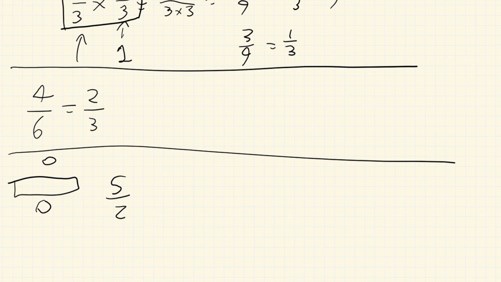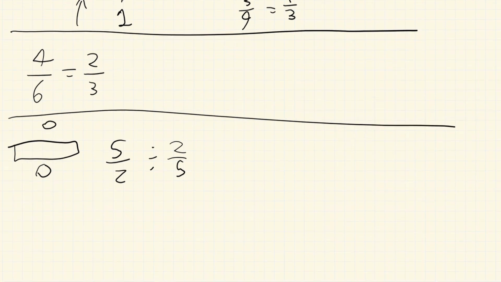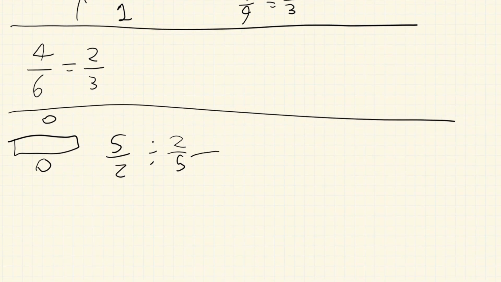So to divide by a fraction, so let's do 5 divided by 2 divided by the opposite, 2 divided by 5. Well, what you actually do is you flip the second fraction that you're dividing by so that the bottom number, the denominator, is on top and the top number is on the bottom, and then you change that divide to a multiply.